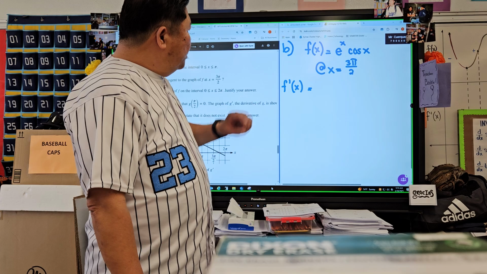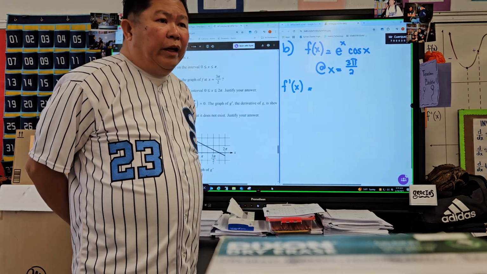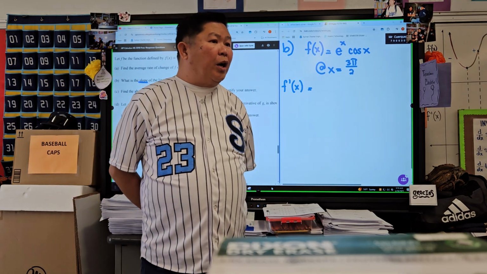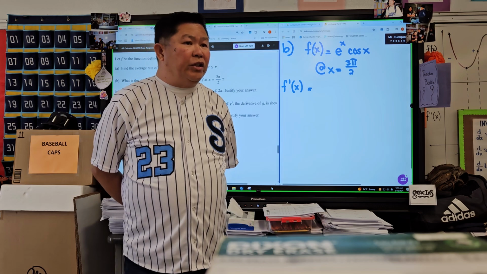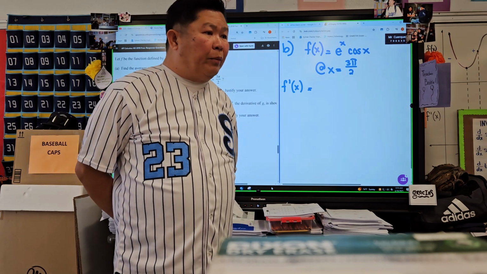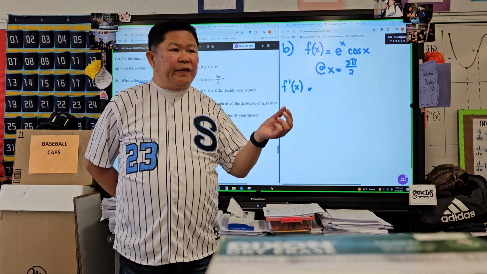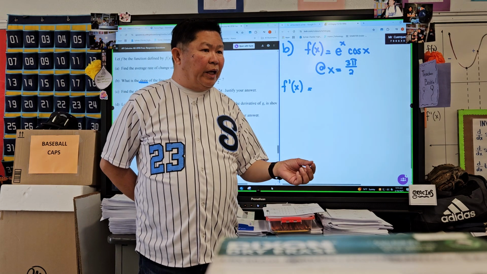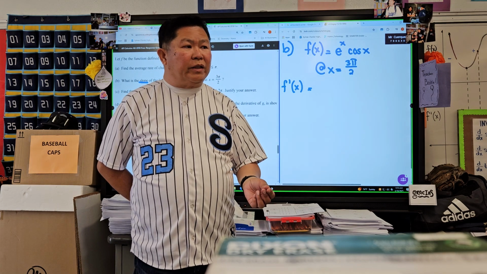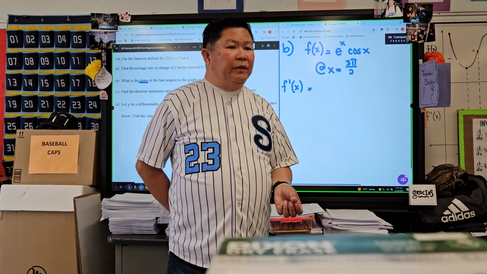Product rule applies: f times g prime plus g times f prime, or in layman's terms, the first times the derivative of the second plus the second times the derivative of the first.